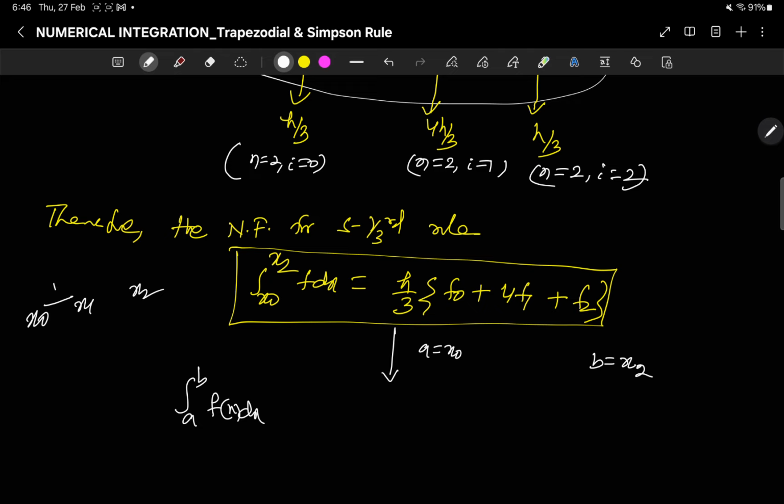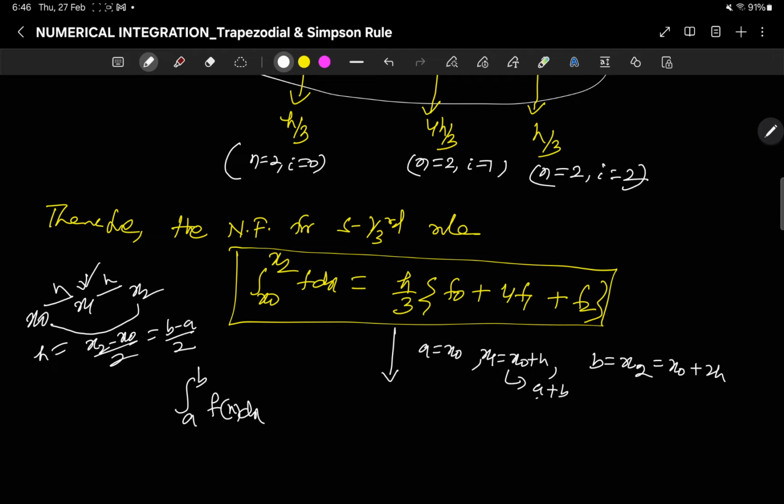This gap is h and this gap is h. So what is h? h is equal to (x2 minus x0) by 2, means (b minus a) by 2, and x1 is a midpoint. x1 is equal to x0 plus h, x2 is equal to x0 plus 2h, and if you simplify, x1 will be (a plus b) by 2.